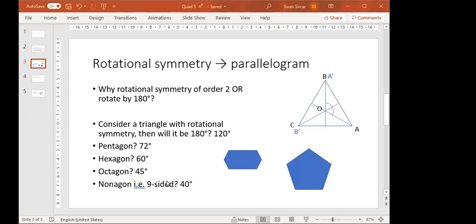Sorry, I got disconnected. Resharing. So for this one, what is the angle of rotation?